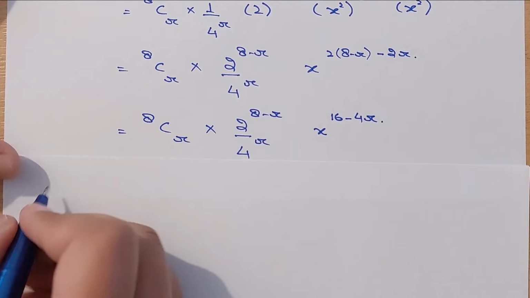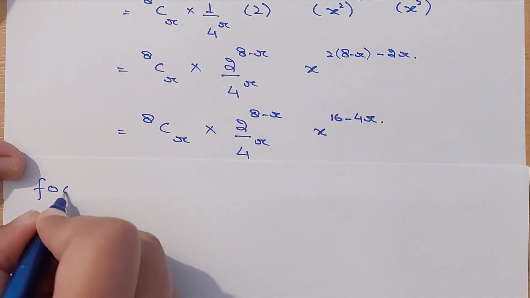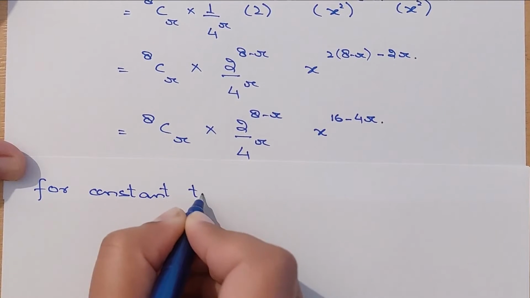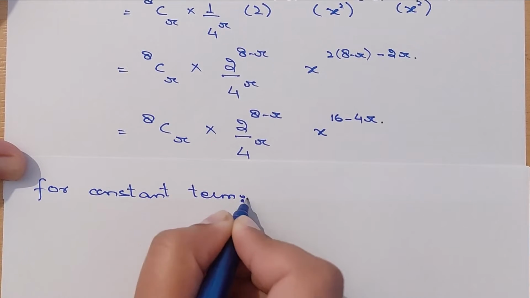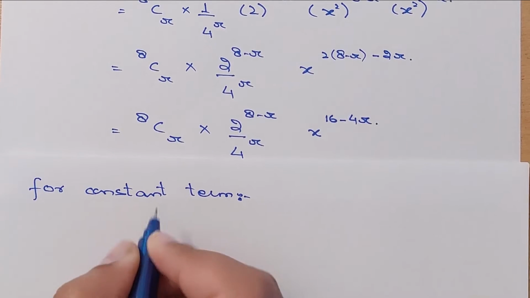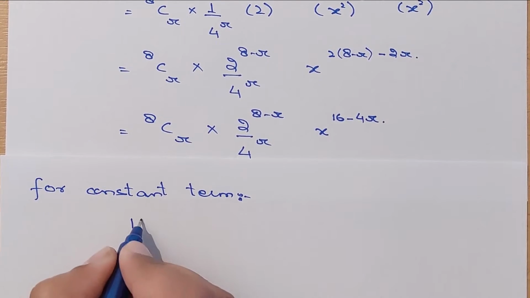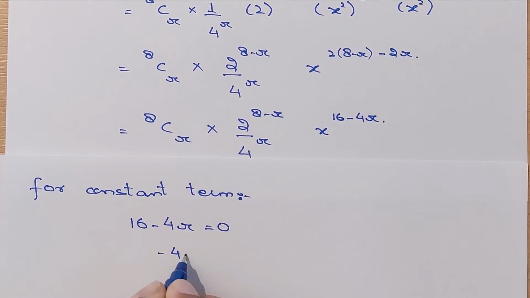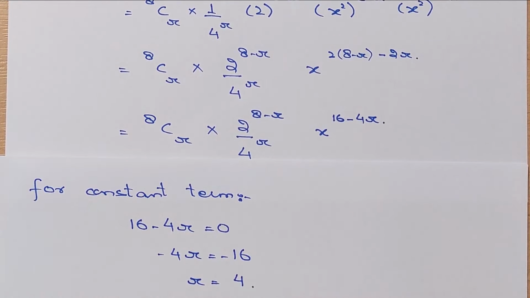For the constant term, we have to put the exponent of this x equal to 0. 16 minus 4r equals 0, minus 4r equals minus 16, and r equals 16 divided by 4, so r equals 4.